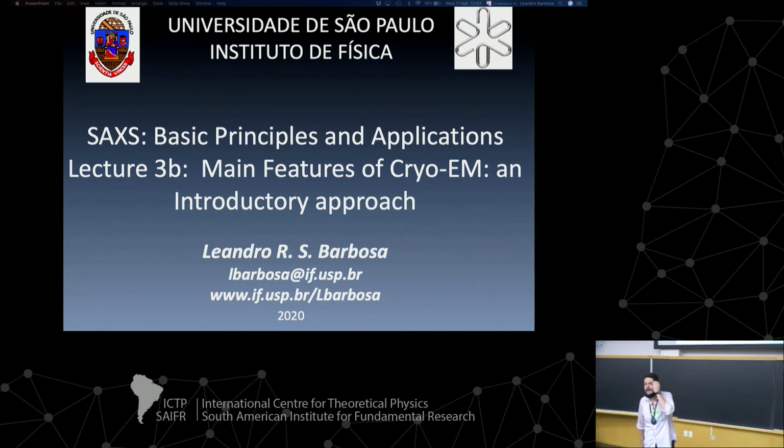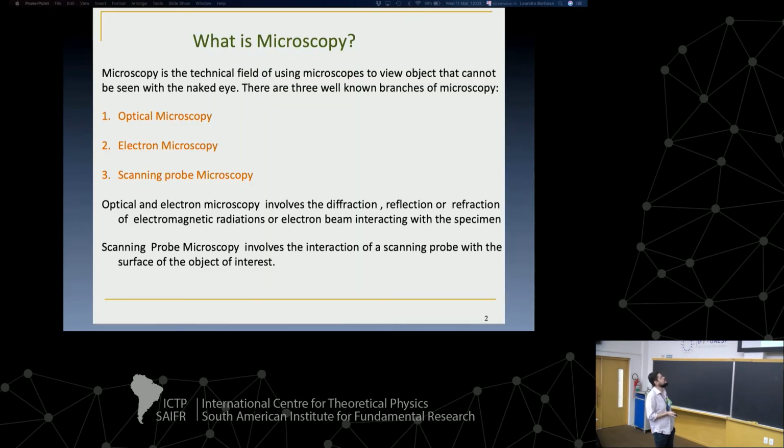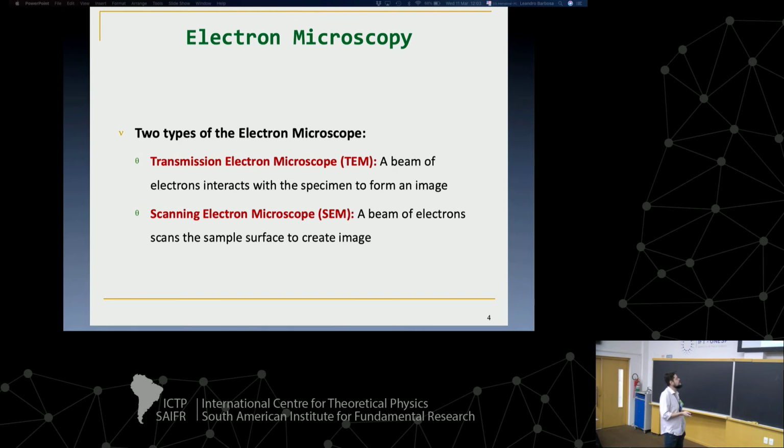It's a very nice and powerful technique. It is used to characterize not only nanoparticles, but any kind of nano-sized system. I will skip this part. When we are talking about electron microscopy, we have two types: transmission electron microscopy and scanning electron microscopy.